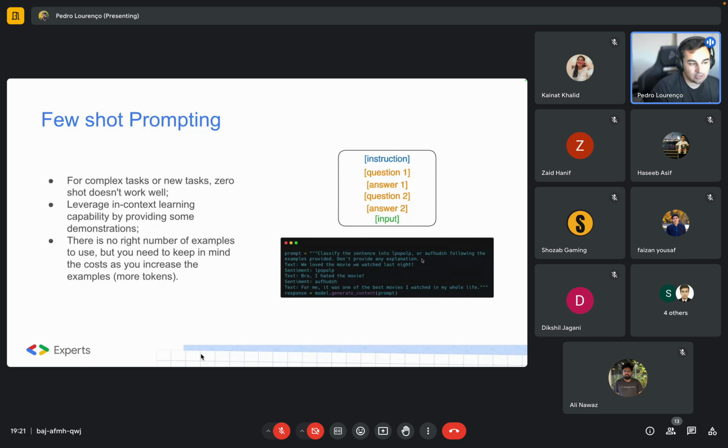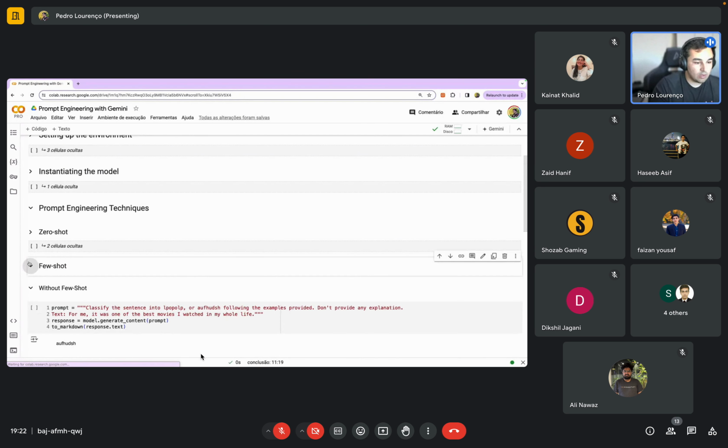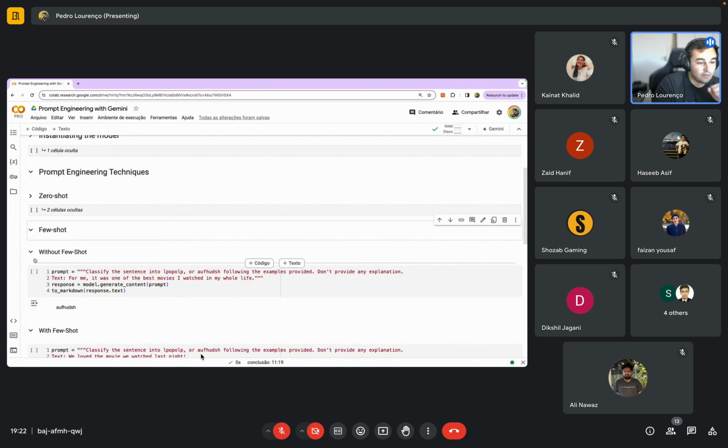So let me go to the Colab. And yeah, the first thing I want to show is without the few shots, so using zero-shot. So we just say classify the sentence into this first one or the second one, and you provide your input here. When you run this, what you get is, okay, this first one.